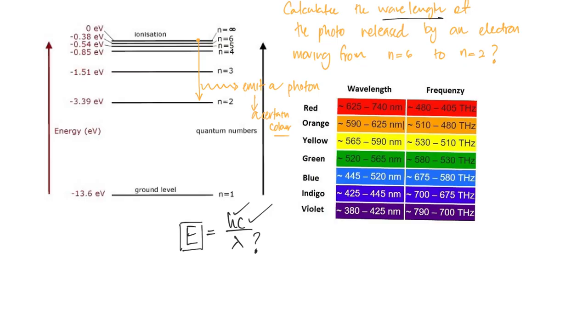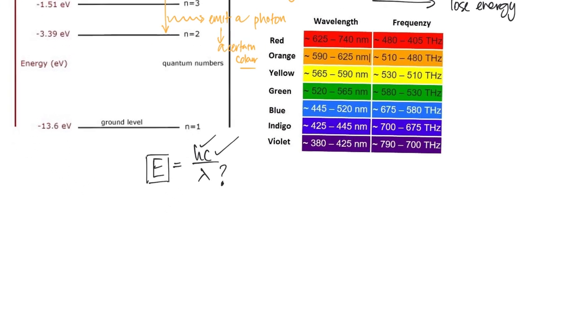So the first thing you need to do is, I know that if I have an electron at n=6 and it goes from n=6 to n=2, then I know it must lose energy, right? And if it loses energy, I'm going to get a photon being released.